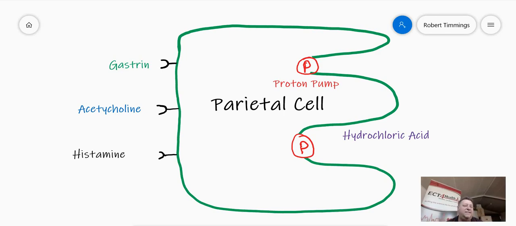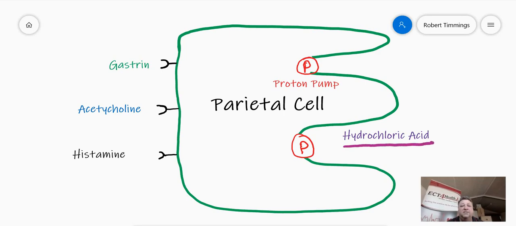And it's these guys here, the parietal cells, that do that. The parietal cells have a couple of little pumps in them, called proton pumps. When activated, these proton pumps switch on and start pumping out hydrochloric acid.